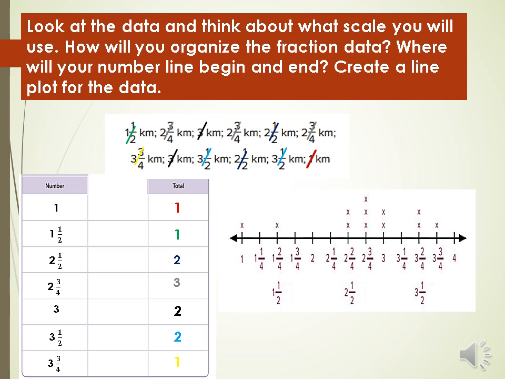Only 1. 2.5 kilometers, we have 1, 2. 2 and 3/4, we have 1, 2, 3. 3 kilometers, we have 1, 2. And 3.5 kilometers, we have 1, 2. Last one, 3 and 3/4 kilometers, we have only 1. Now we can represent the data by using a line plot.